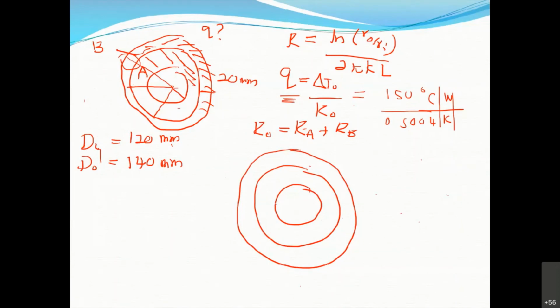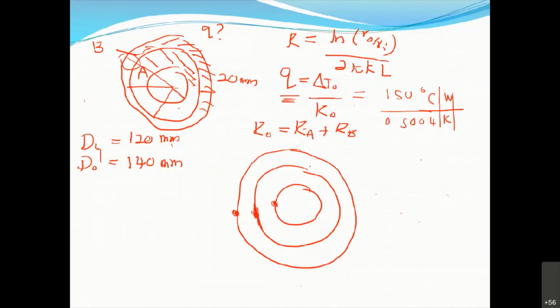So this is your inner wall of the steel pipe, this is the outer wall of the steel pipe, and this is the outer layer of the insulation. Based on this question, it is asking us to find the value of outer wall temperature, which is going to be this temperature.